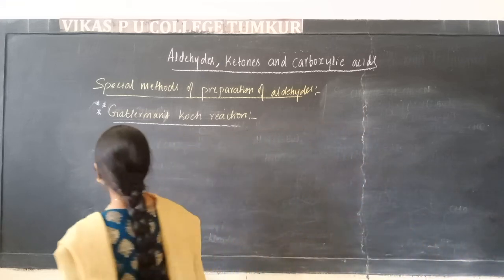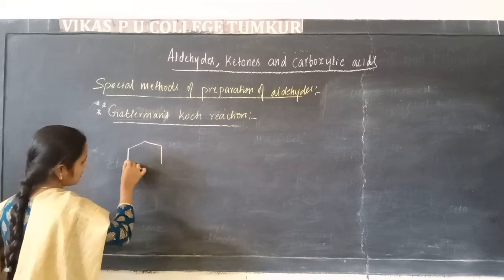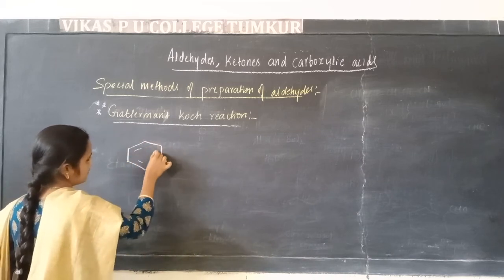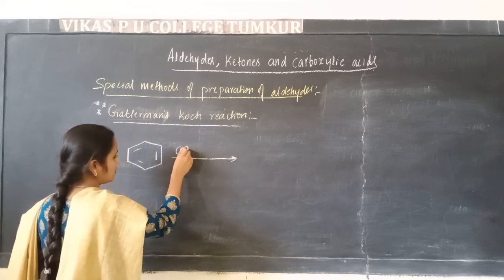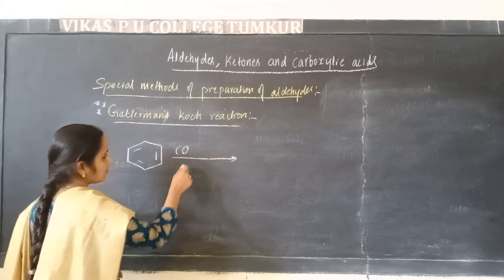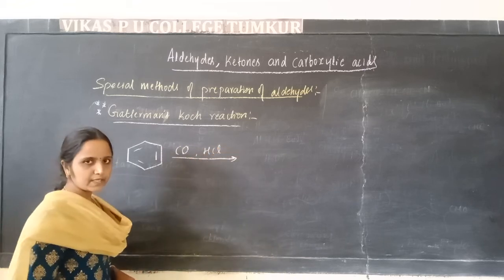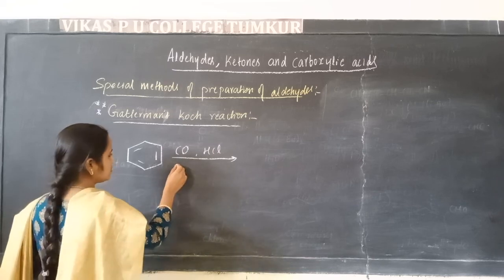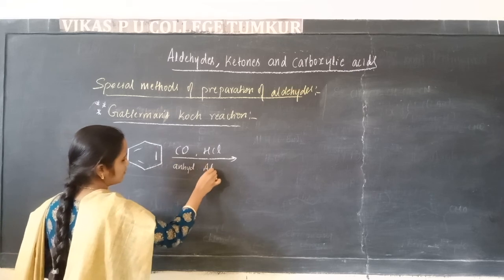Means what it says, in the Gattermann-Koch reaction, the benzene, we know the structure of benzene, reacts with carbon monoxide and HCl, that is hydrochloric acid, in the presence of anhydrous aluminum chloride.